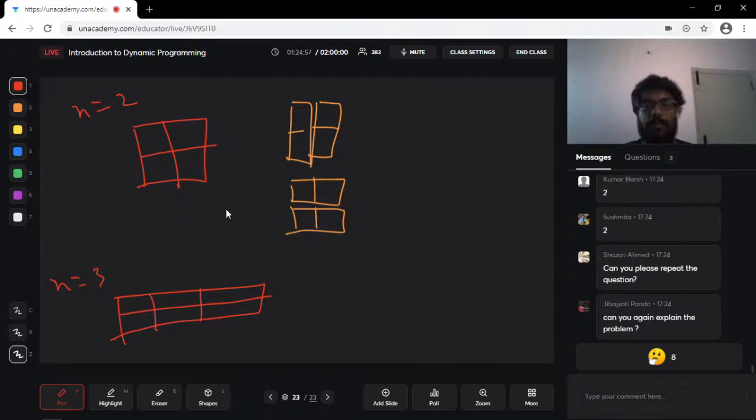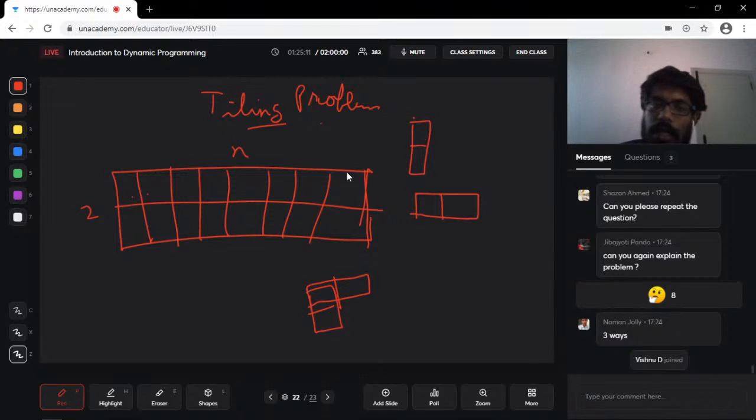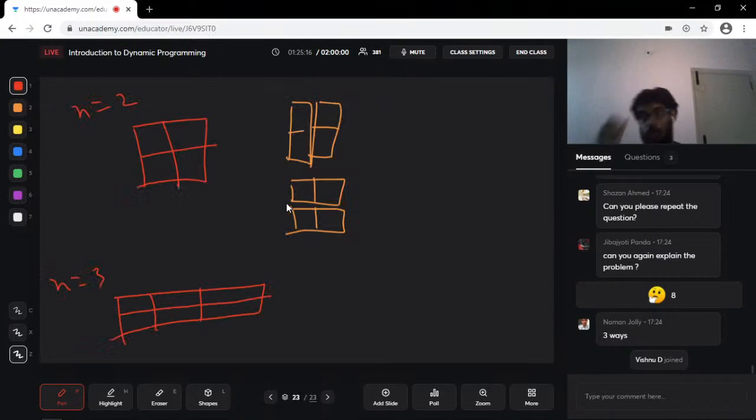Can you please explain the problem again? Yeah, sure. So you have a 2 cross n floor like this, and I want to tile it. The tiles I have are of two types. This is a vertical tile and this is a horizontal tile. It's only two length each. How many different ways are there to tile this? And the constraints are that no two tiles can overlap, every cell should be tiled, and a tile can't go outside the floor.